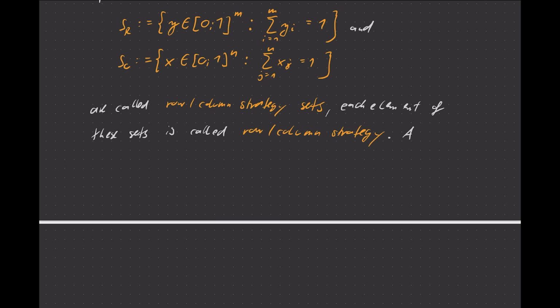Okay, so we say a strategy is called a pure strategy if all of its entries are either 0 or 1, no fractions.